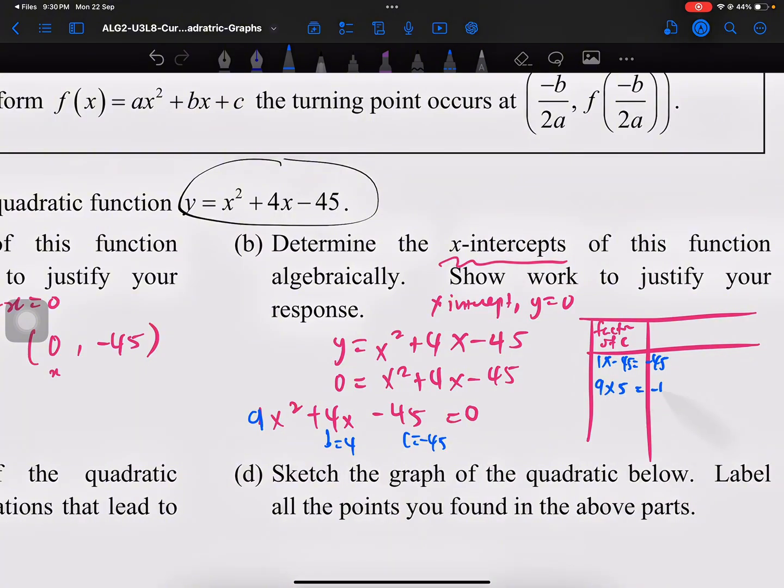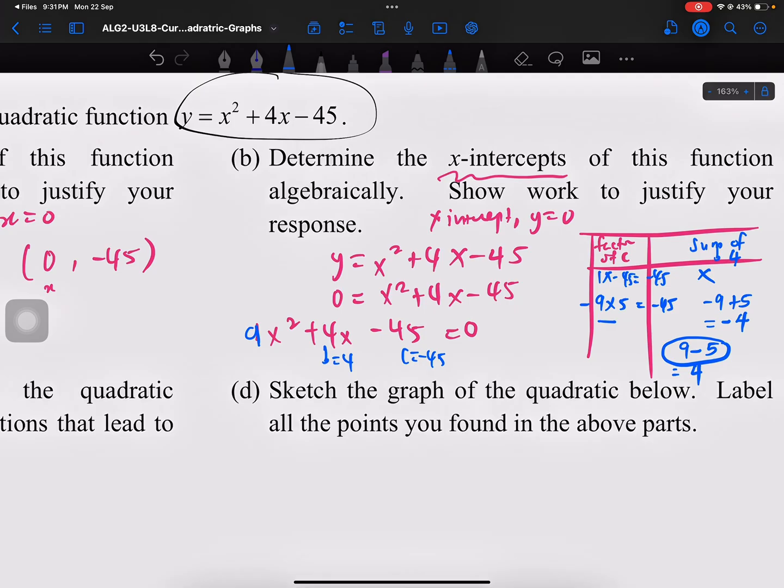We see that the sum must be b, which is 4. If we put minus 9 plus 5, this is negative 4. Now I want positive 4, so I switch the sign: 9 minus 5 gives 4. So this is now my factor.